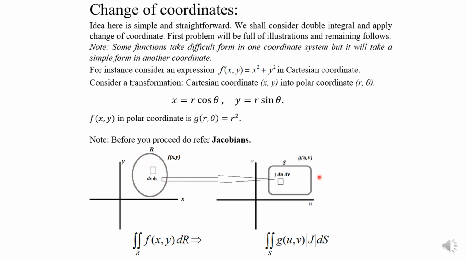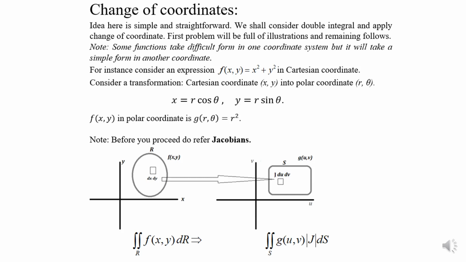When you transform it, it turns into a rectangular kind of thing, which I named S. So R changes to S, f changes to g, and this dR changes to J into dS. This part is what I want you to focus on. This is only something extra we have to work on while solving the problem by changing the coordinates.